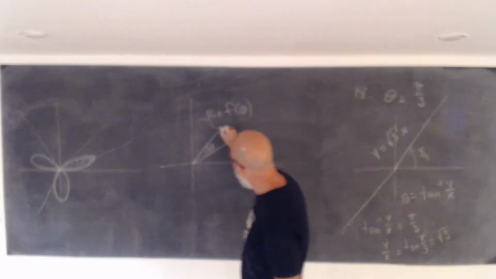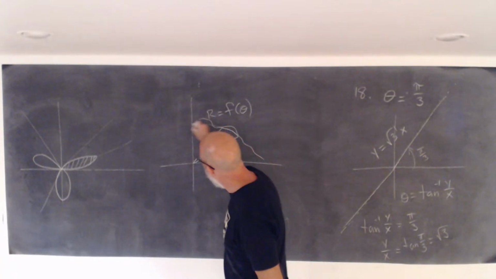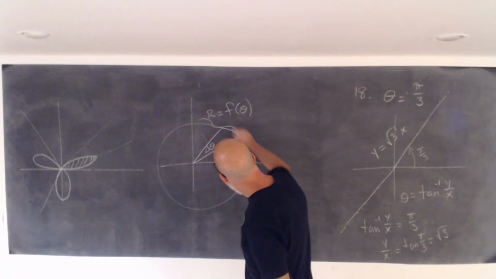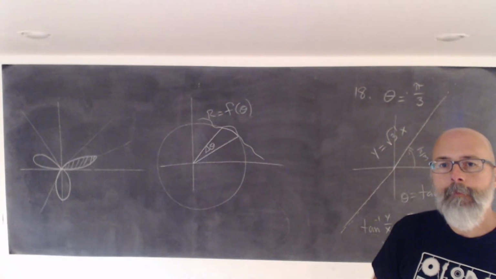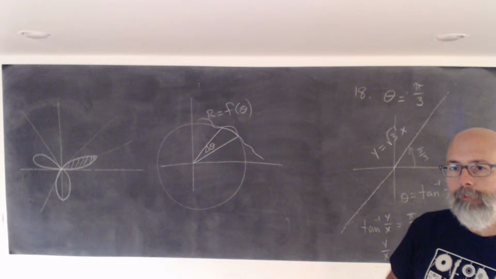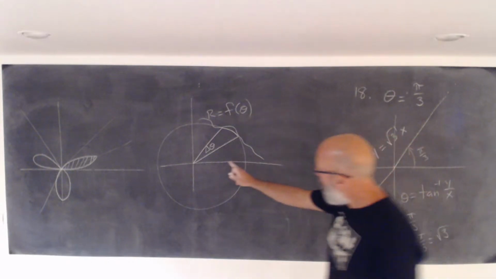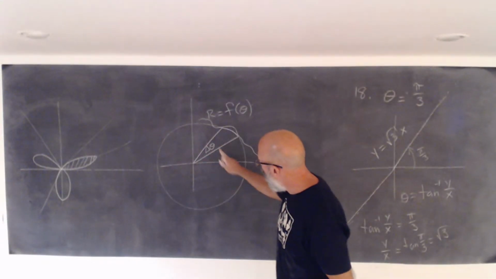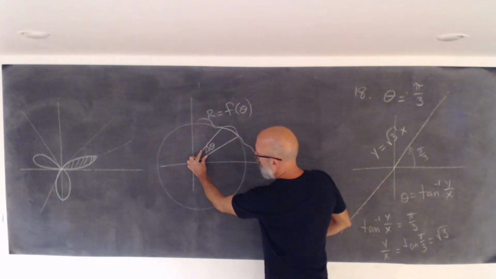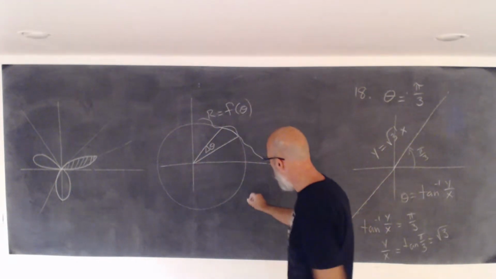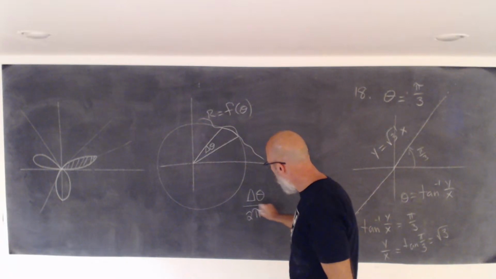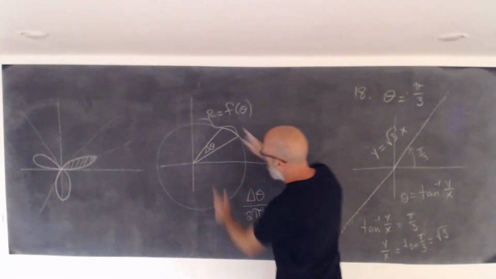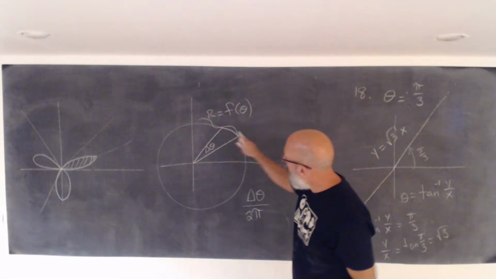This can be viewed as a fraction of a circle. What fraction of the circle? Well, whatever this angle is over 2 pi, right? Think of it as a slice of pie here.